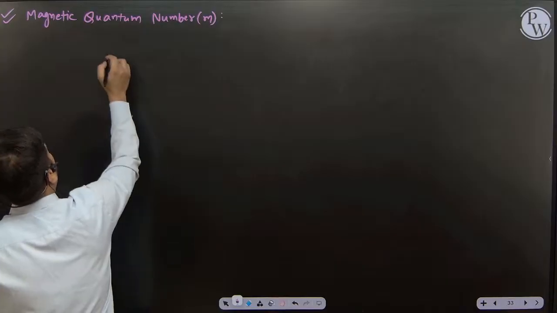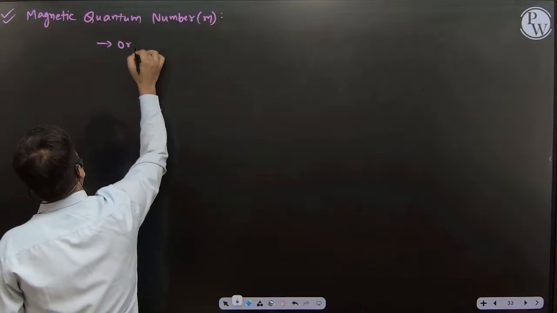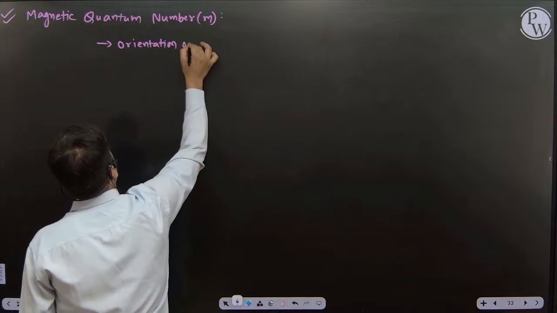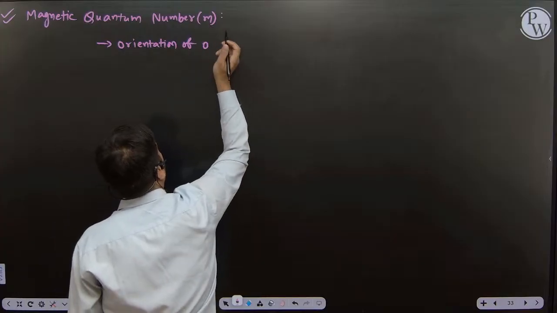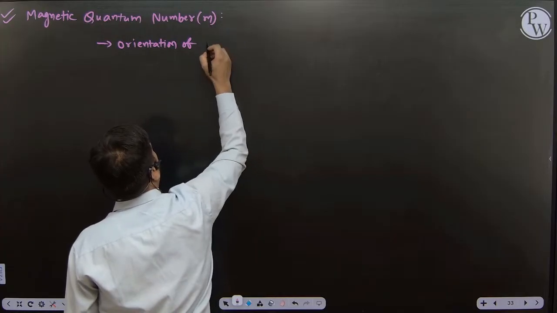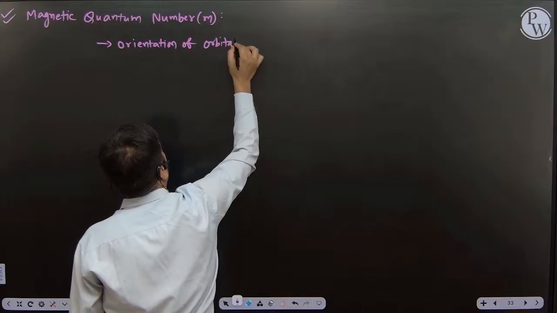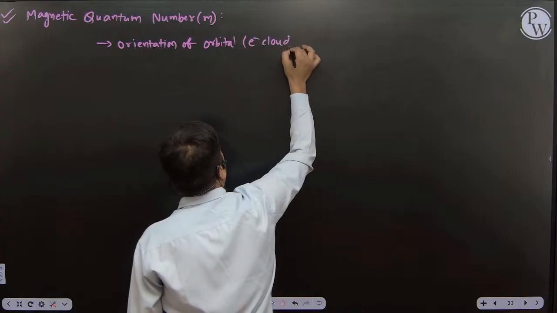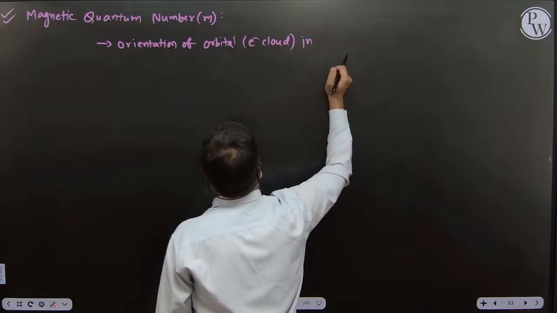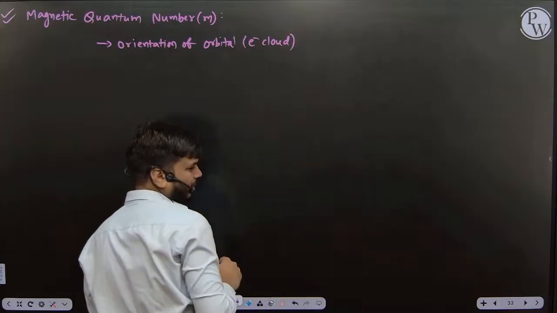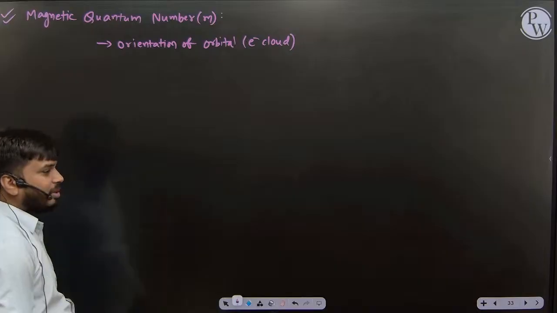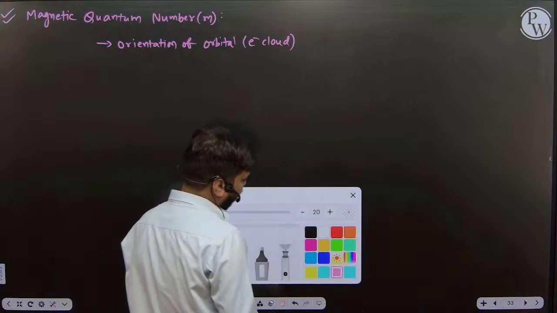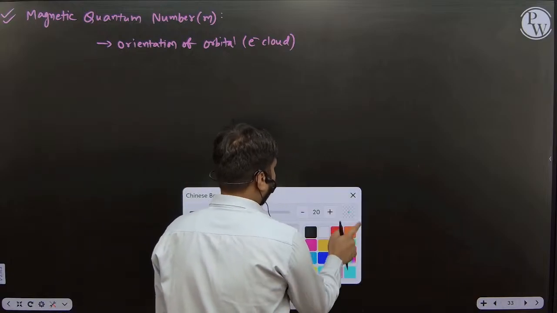It is going to tell you the orientation of orbitals. Orbital means electron cloud. So this quantum number represents the orientation of the orbital, or electron cloud, in a particular direction.